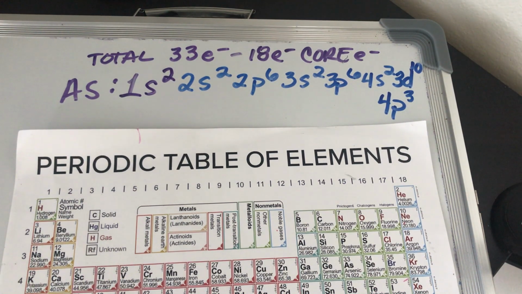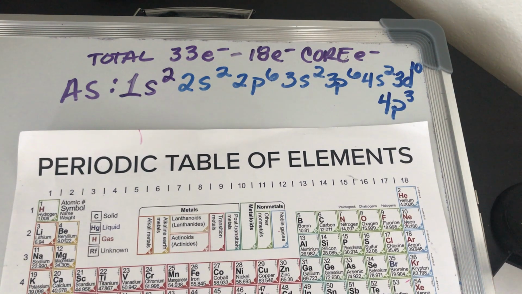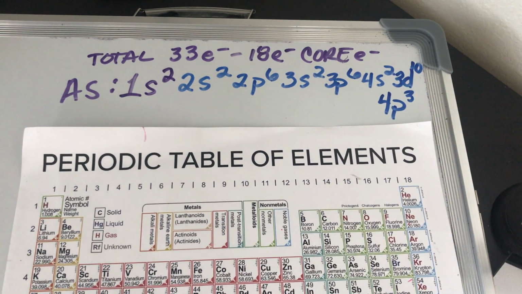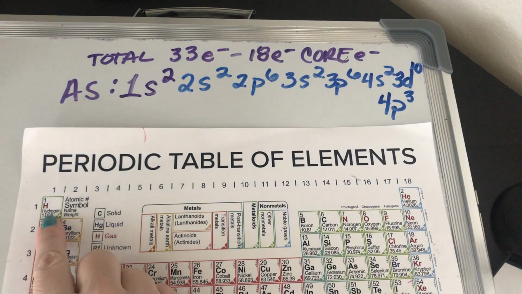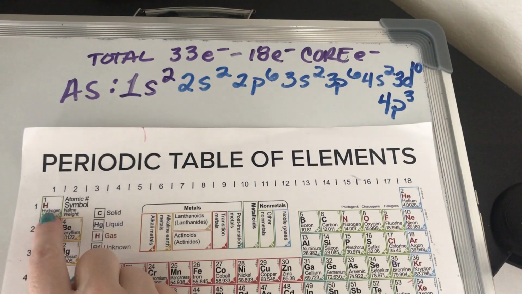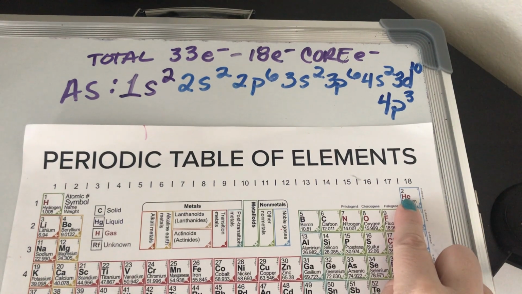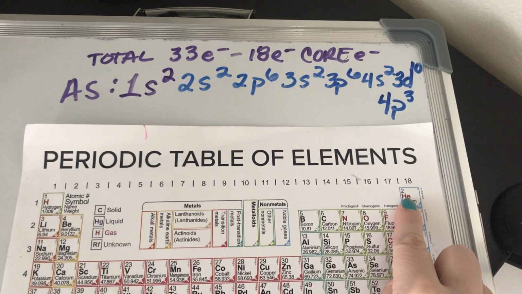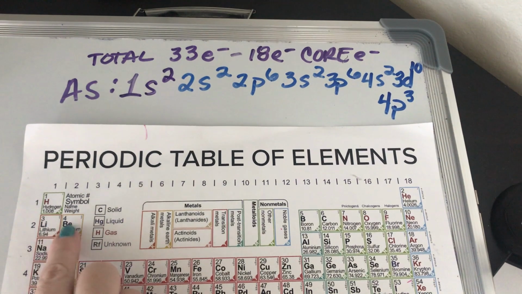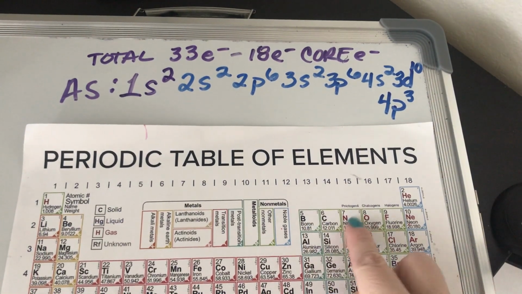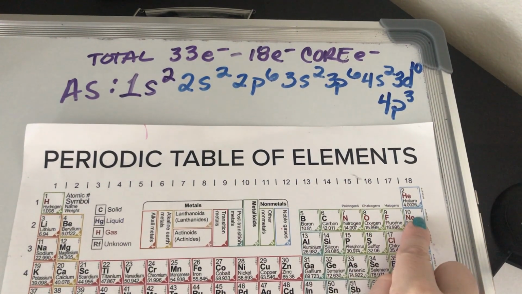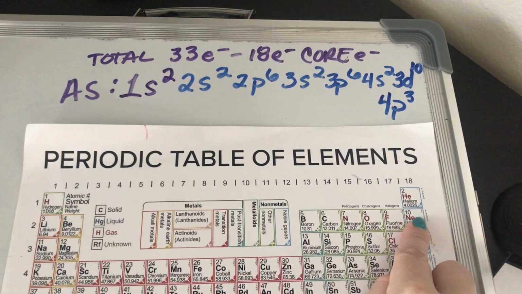I wouldn't want you to memorize that, because you don't need to. The easier way to think about that is you can literally count across, right? Row 1 has 1, 2 electrons, counting the boxes. Row 2 has 1, 2, 3, 4, 5, 6, 7, 8, right? Does that make sense?